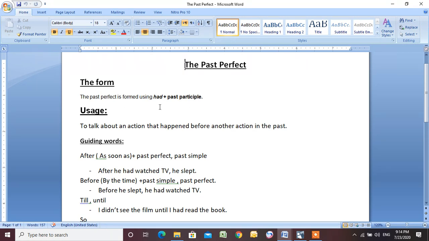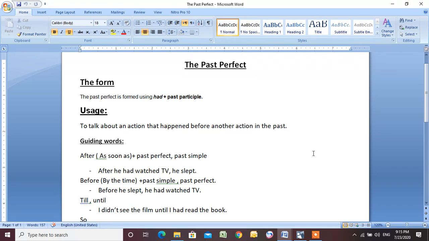We use this tense for what? To talk about an action that happened before another action in the past. So if I have two actions and the two actions happened in the past, I put the first one in the past perfect, and I put the second one in the past simple.